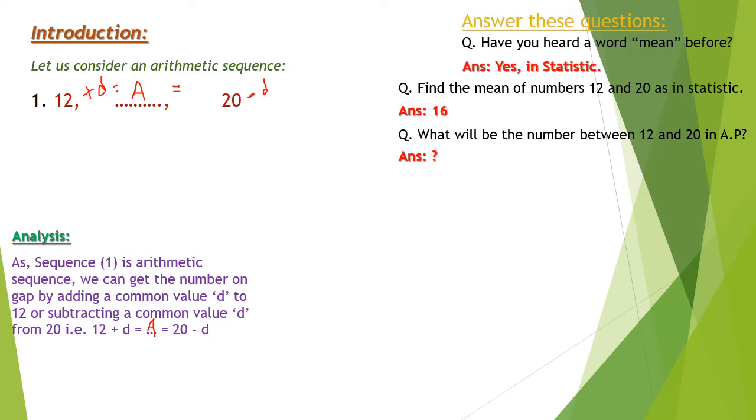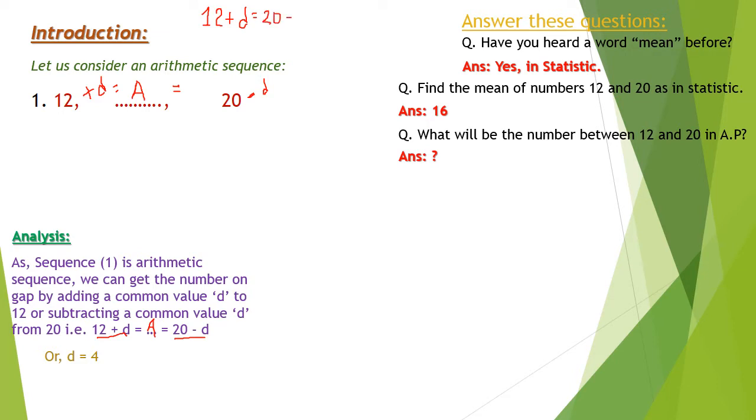So 12 plus d is equal to a, and 20 minus d is also a. So we can equate 12 plus d equal to 20 minus d. Now the answer we get is 4. The value of d will be 4. You can simplify it yourself also: 12 plus d equals 20 minus d.